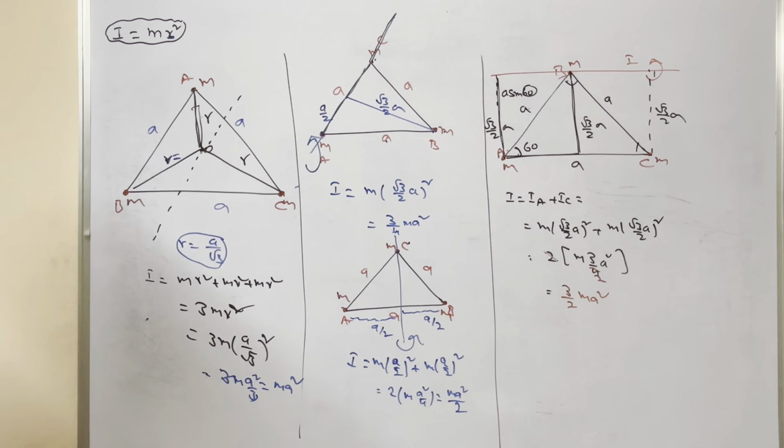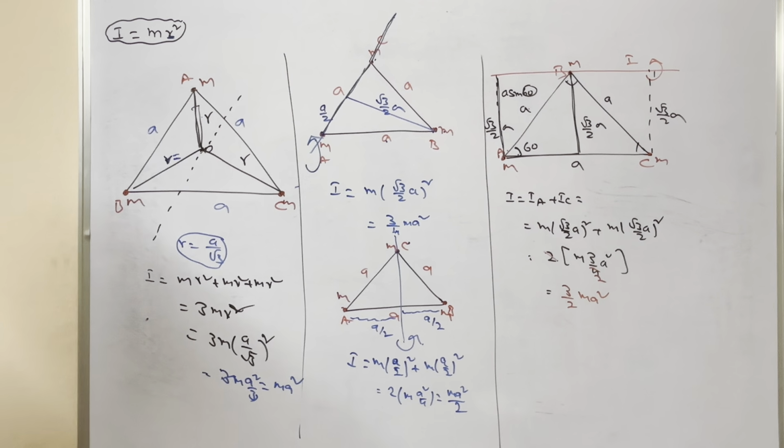These mass particles are rotating like this about this axis, the two remaining mass particles. Now, see the distance. This mass particle is at a distance a. Now what is this distance? We should calculate. That is only going to be a by 2, correct? So half of this one.